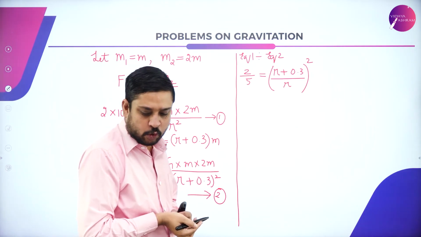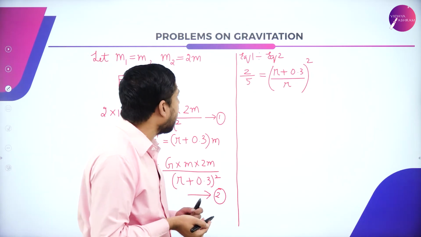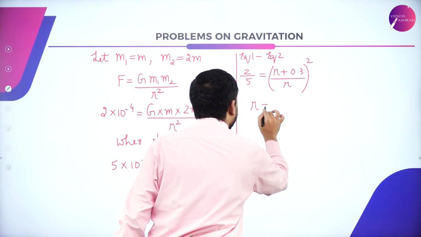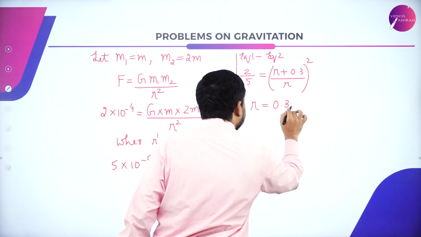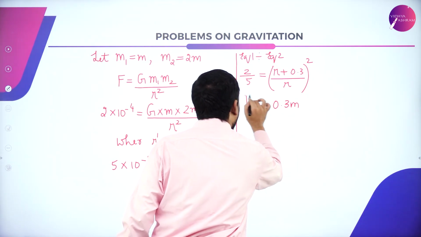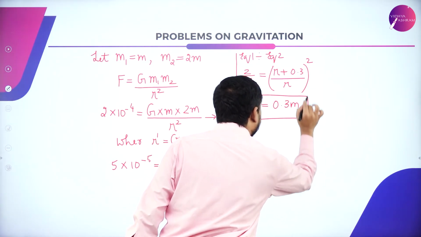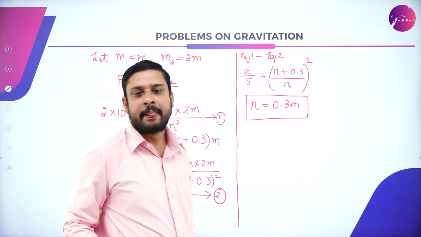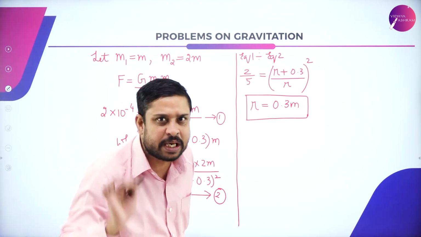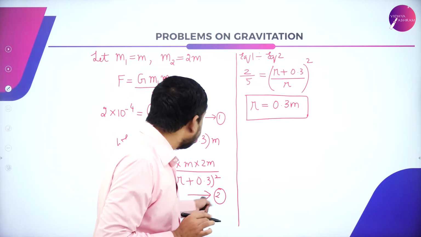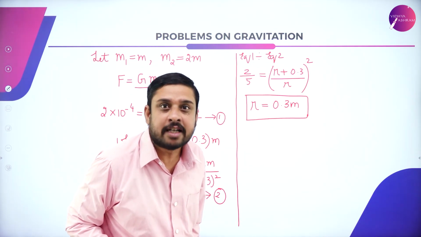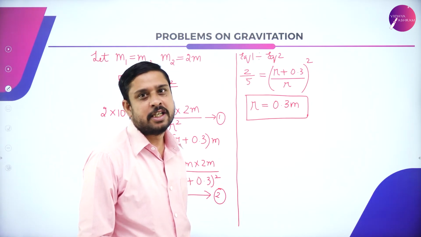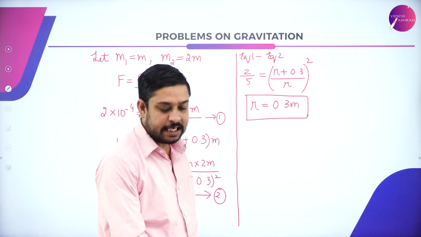Now taking square roots on both sides, on simplification, the value of R turns out to be 0.3 meters. So this simplification is your job. I've done a favorable number of problems. Here I'm giving you the concepts, even the substitution. The final job is always yours.